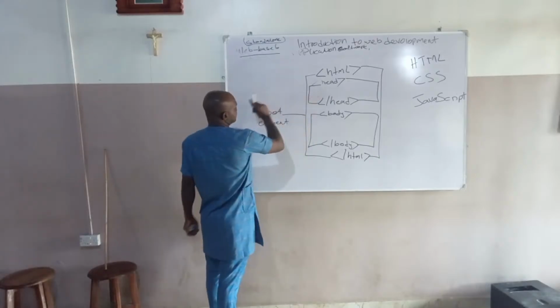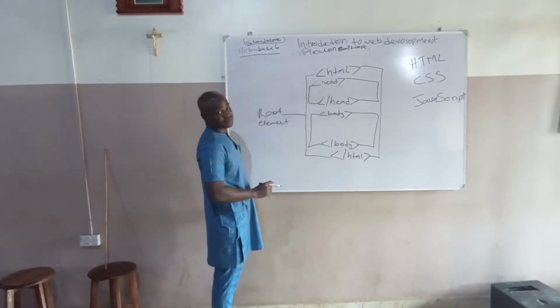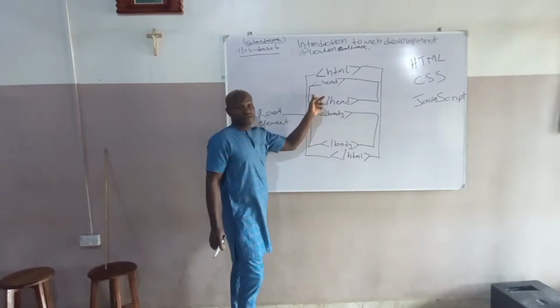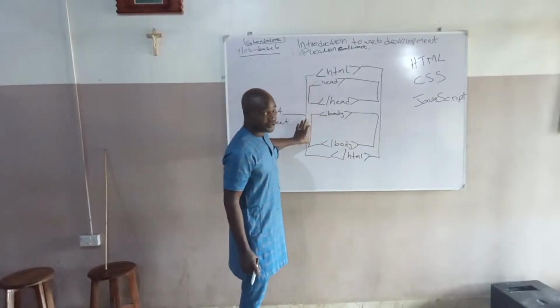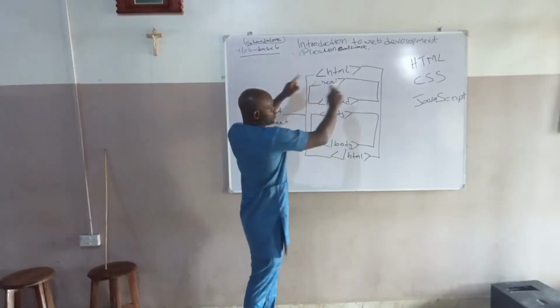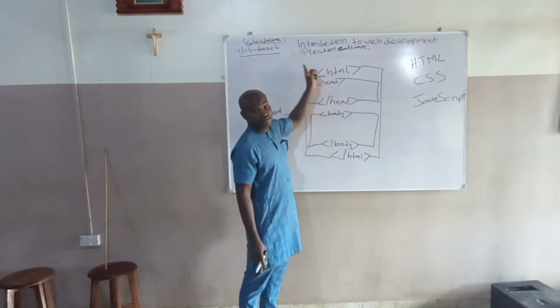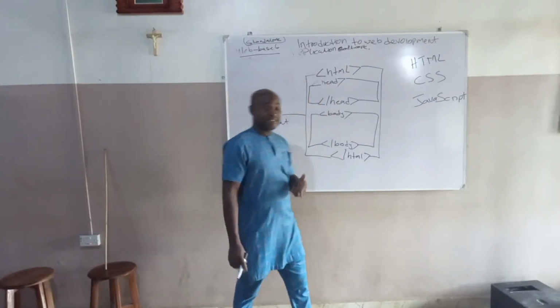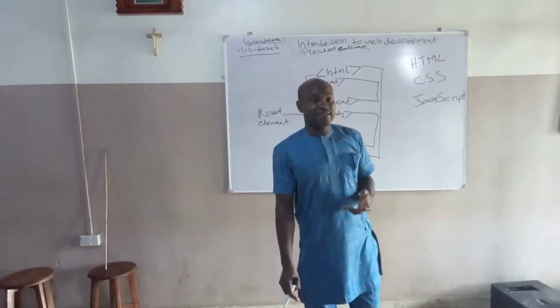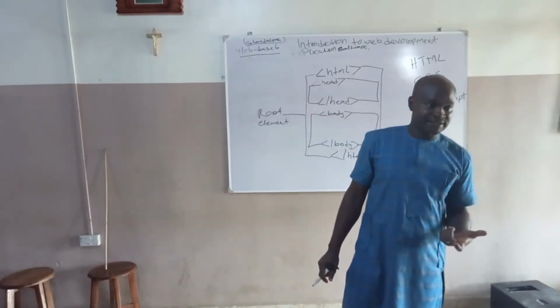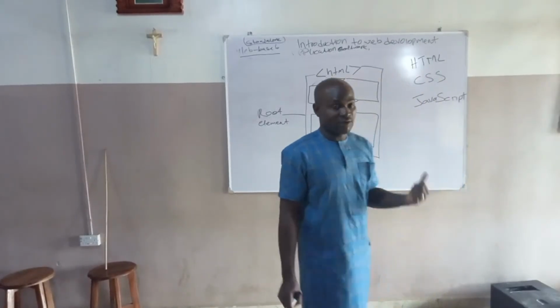These are head elements. And this is the body element. We now wrap it together using what? HTML element. We are telling the computer what we want to design, the website. You understand? This is how the website works.